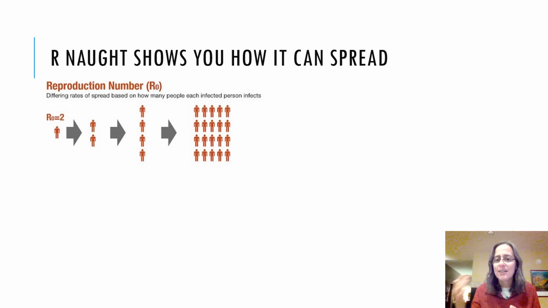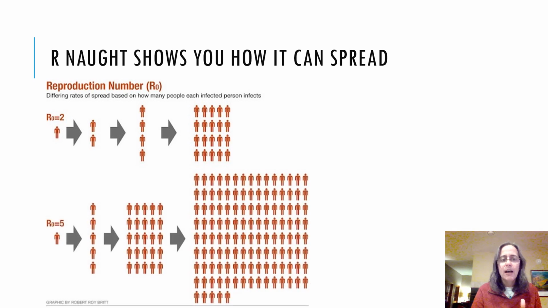And it goes on and on, and you get this doubling effect. Now let's look at an R naught of 5, or a reproduction number of 5. Here I go from 1 to 5 to 25 to 125, right? So it goes really, really quickly.